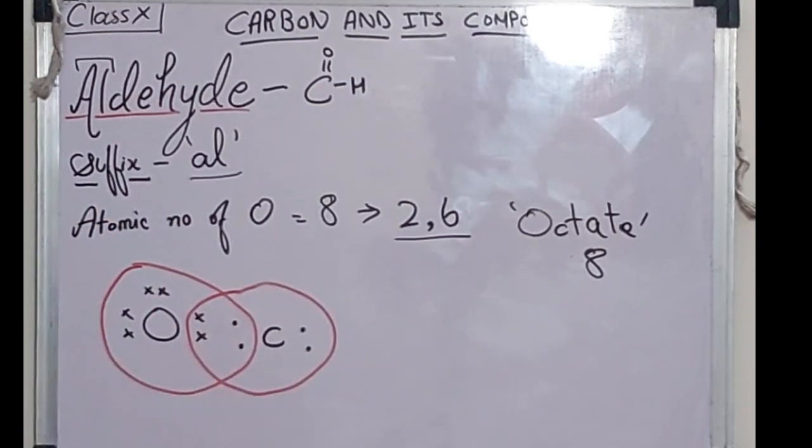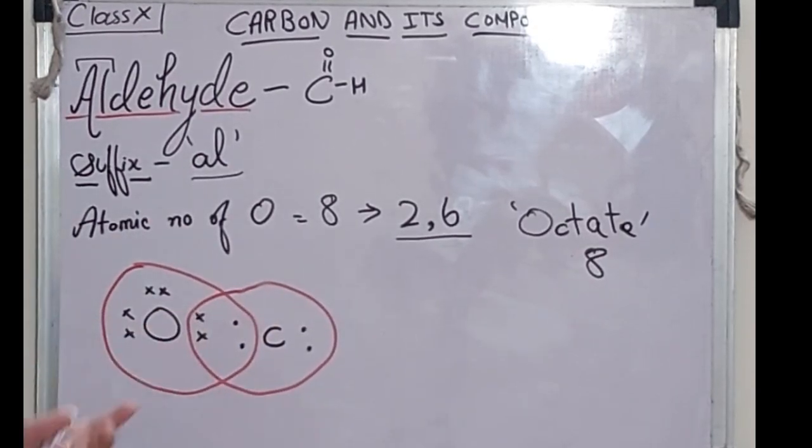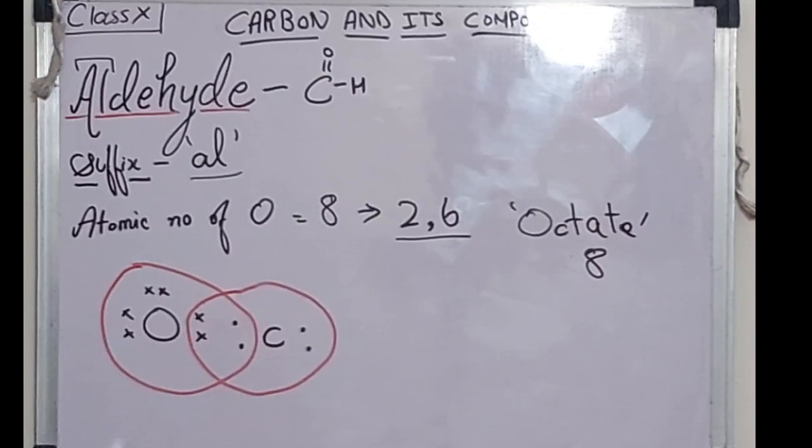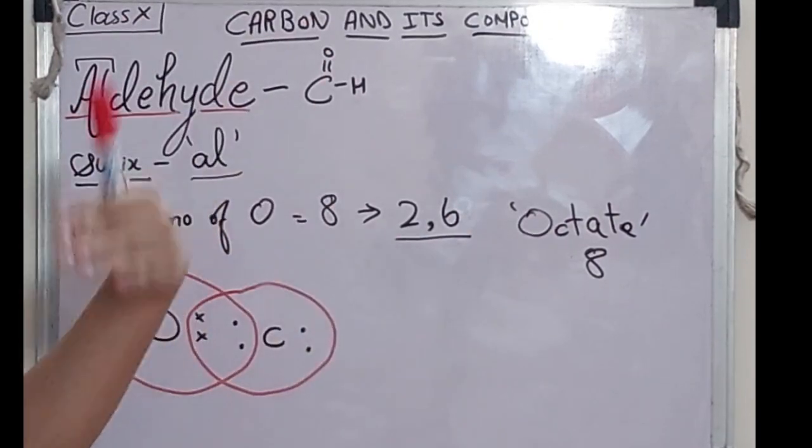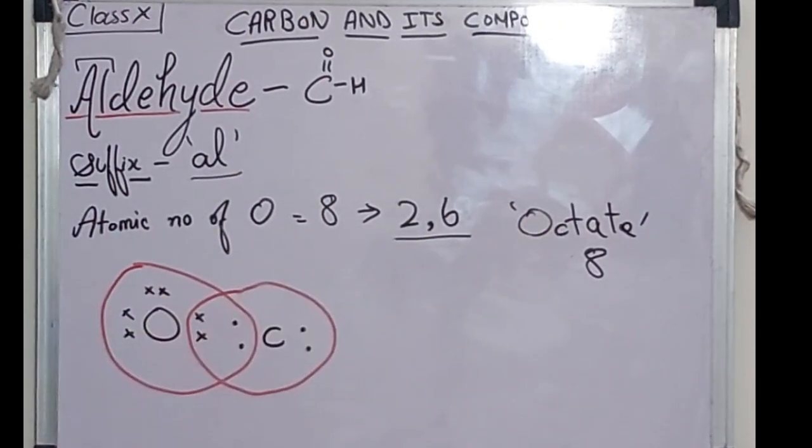The valency of oxygen gets completed if I do the double shared bond. Sharing 2 electrons means that oxygen had 6 electrons, carbon had 4 electrons, and oxygen needed 2 more electrons to become an octet. Hence, oxygen took 2 electrons from the carbon. And if we are taking 2 electrons, then we have to share 2 electrons as well.